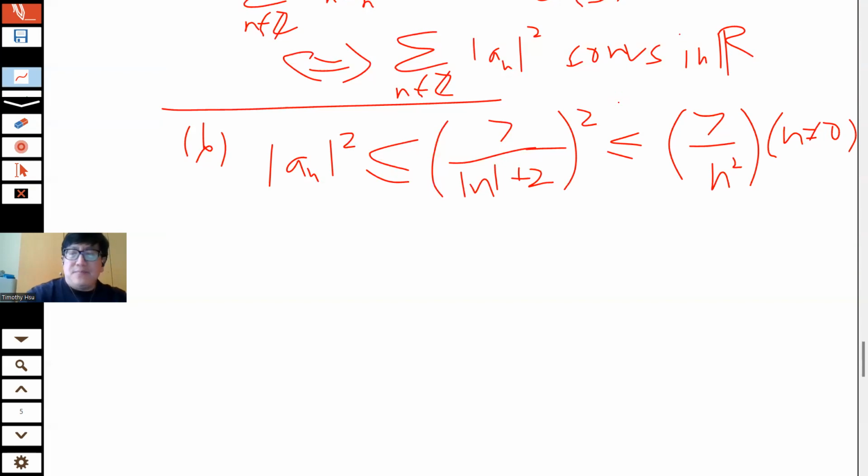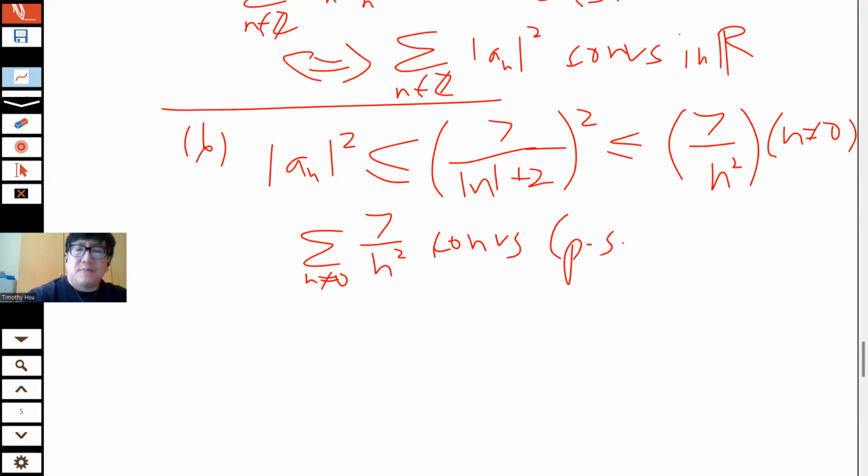Anyway, okay, so we know that if we ignore n equals 0, then that series converges. That's the p-series test, with p equals 2, which is strictly greater than 1.